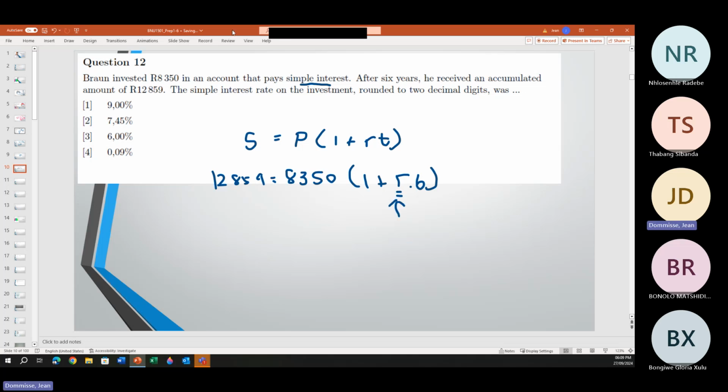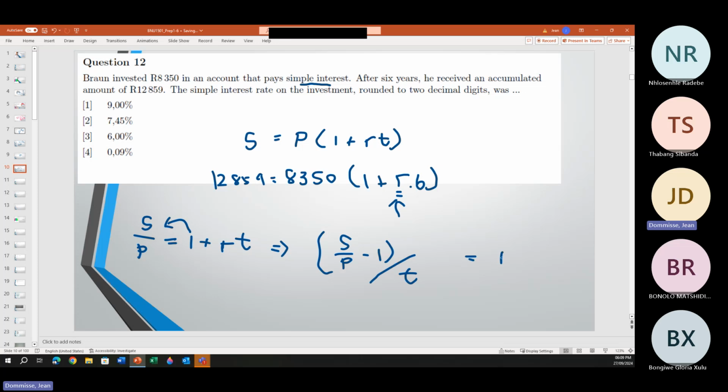So we could have gone to say, okay, but let's rewrite it first. So S divided by P is 1 plus RT. So then we could have said, okay, S divided by P minus 1, because that would go over to that side. And then if we need to get R on its own, we will divide by T on both sides.